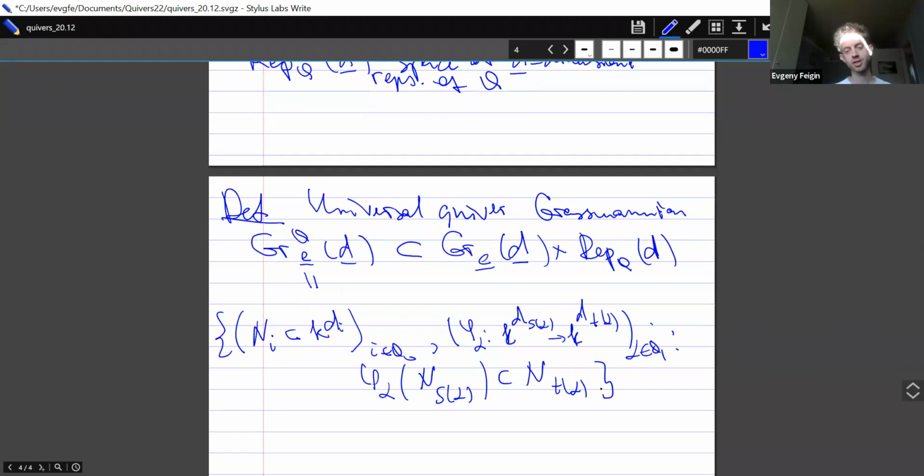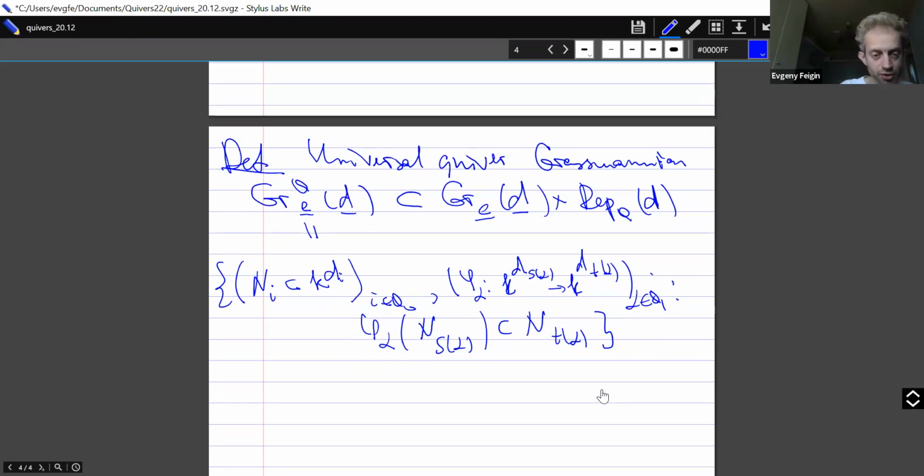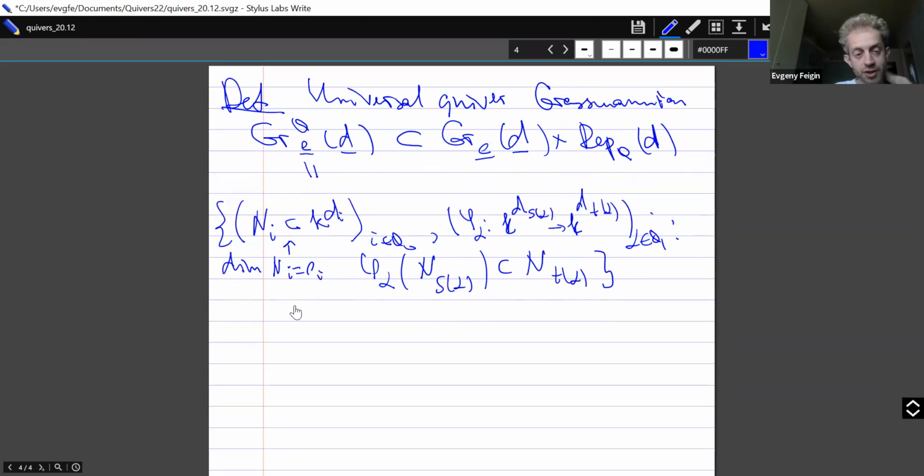So this is actually a fancy way of saying that we vary our representation and we consider subrepresentations. I'm sorry, I should have said that the dimension of N_i is E_i. Okay, so this is the definition.